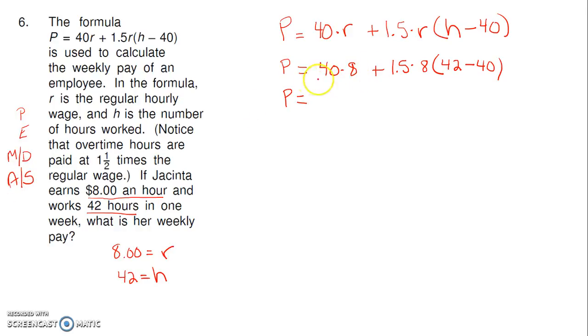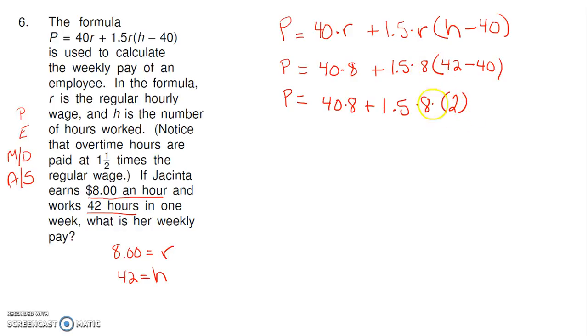As I look at this, I need to work within parentheses first. What's 42 minus 40? Oh, that's 2. And everything else remains the same. 40 times 8 plus 1.5 times 8. And then I get a single value of 2 within the parentheses.